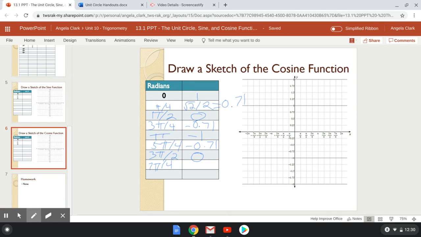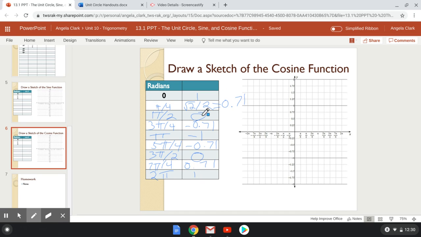All students take calculus. Fourth quadrant, cosine is positive. And then 2 pi. So 2 pi is the same as 0, so that's going to be 1 again.